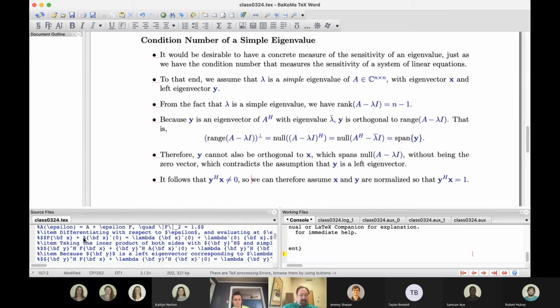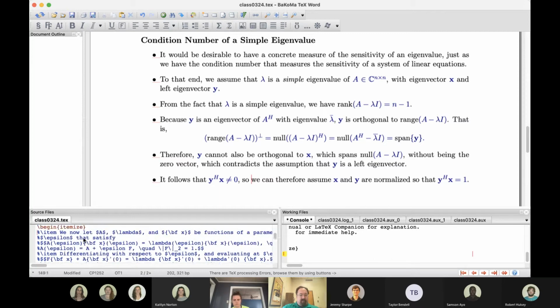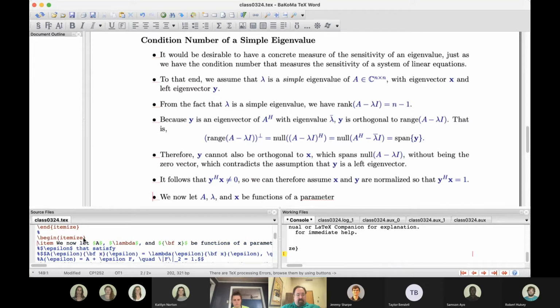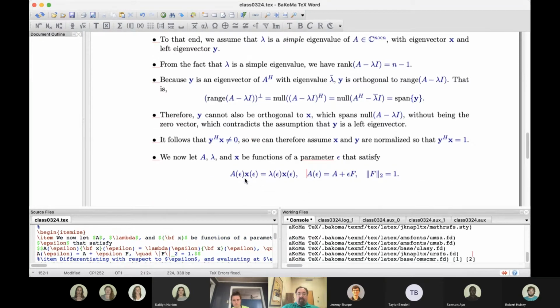Okay, so now that we have that, we're going to let A and x depend on a parameter epsilon. So when epsilon is 0, we just have Ax equals lambda x.